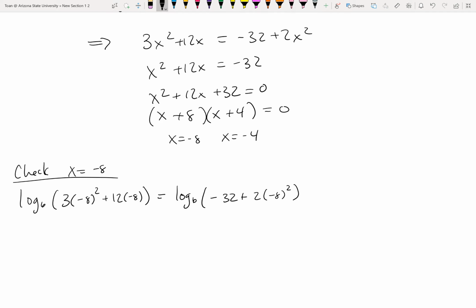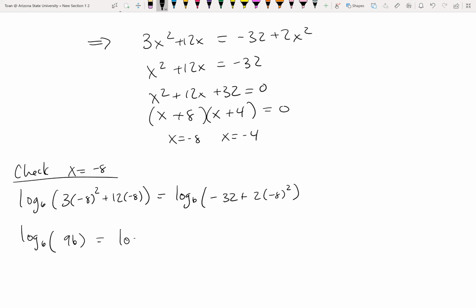So that gives us log base 6 of, just to save us some time, I'm just going to go to the final answer. I'm just doing arithmetic. Use your calculator if you have difficulties with this. That's 64 times 3, and I'm subtracting 96, so that gives us 96.